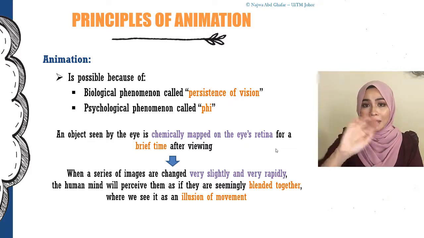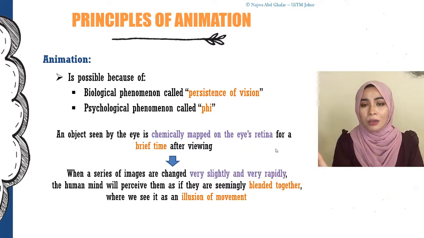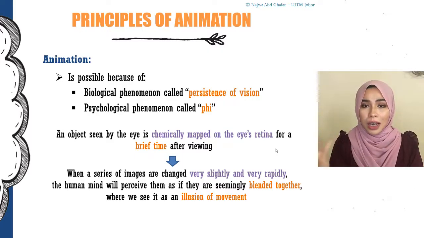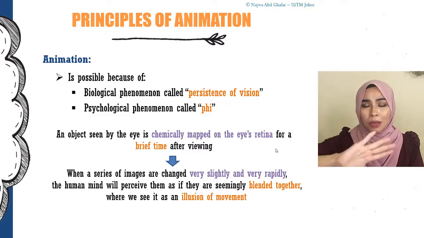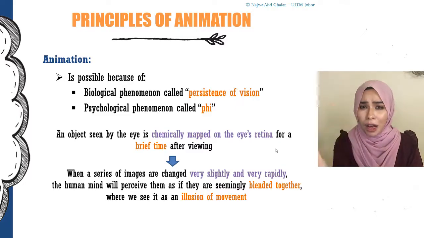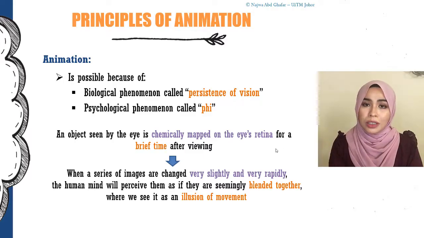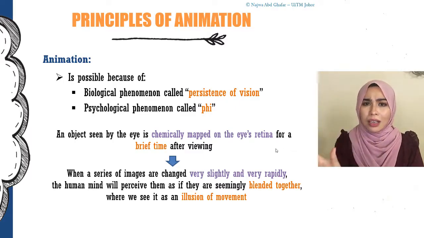When I play this movement really fast, that is how I create my animation. The technique is that you have a lot of images, and when these images are played very, very fast, they create the illusion of movement. You will see it as if that thing is moving.